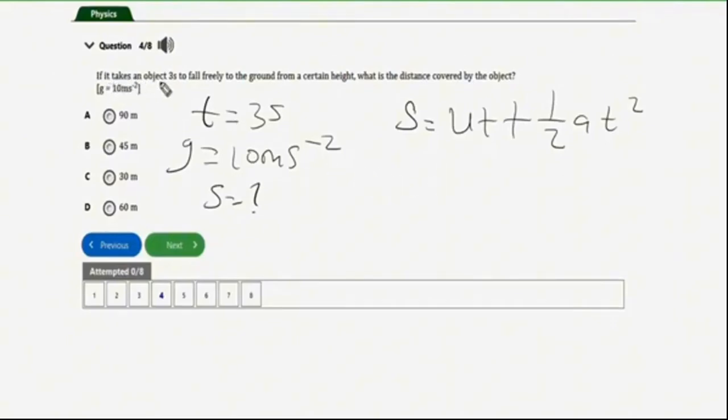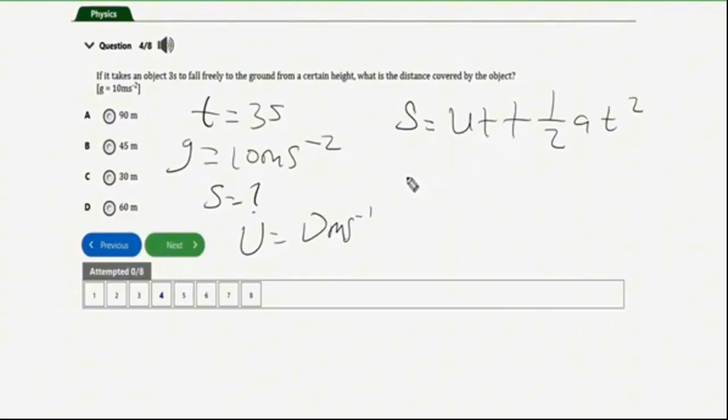If it takes an object 3 seconds to fall freely to the ground, so in this question we have our initial velocity u will be 0 meter per second. Since the object is falling, it's not going against gravity, it's responding to gravity. So this plus sign does not change to negative, it will remain a plus sign.